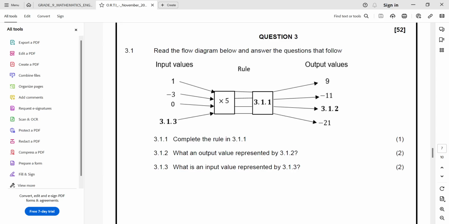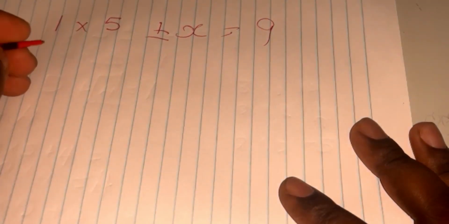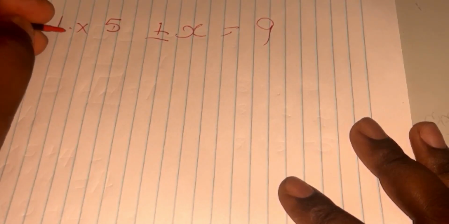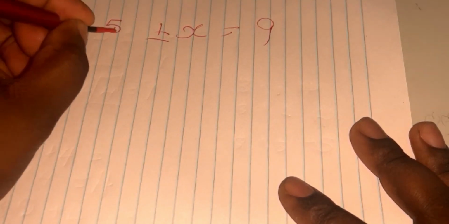So for example, we have 1 multiplied by 5, and then I will say plus or minus. Why am I saying plus or minus? Plus or minus an unknown, which I'll just call value x, then it gives me 9. Because 1 multiplied by 5 is an odd number, which means it is not a factor of 9.